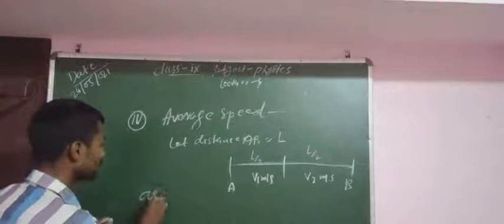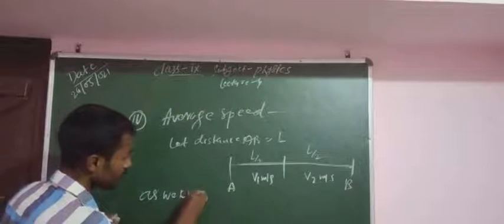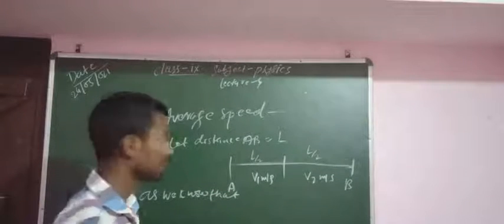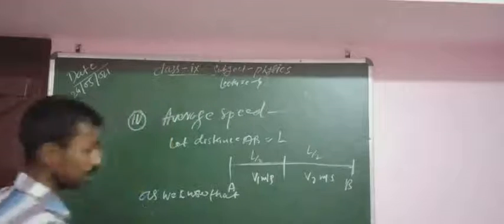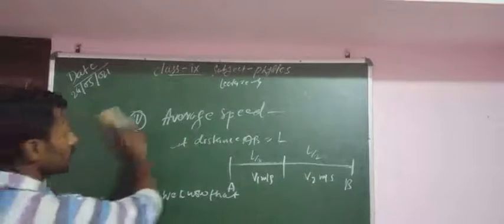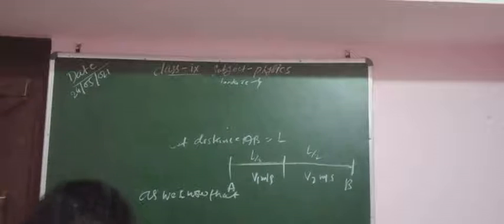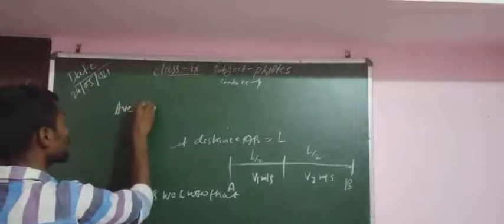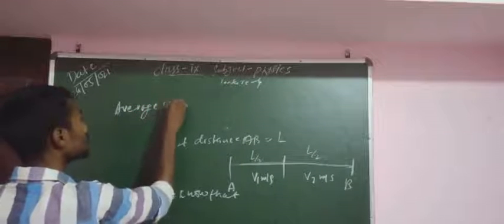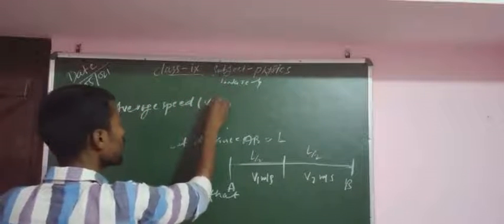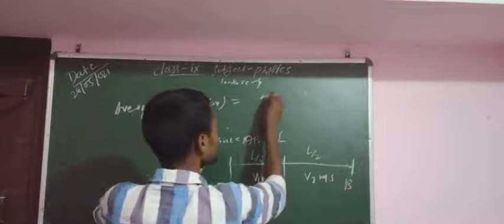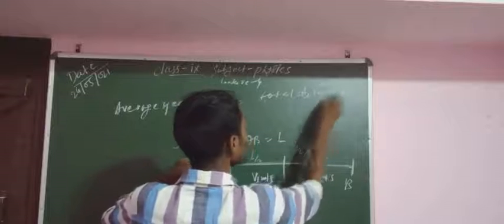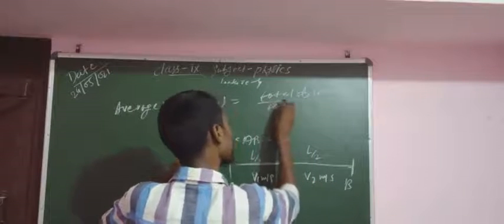As we know, average speed, that means VAB, will be equal to total distance by total time taken.